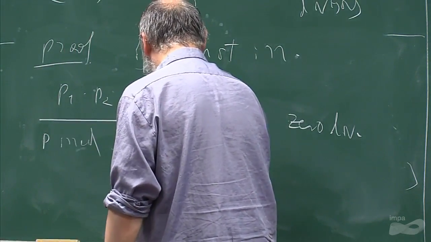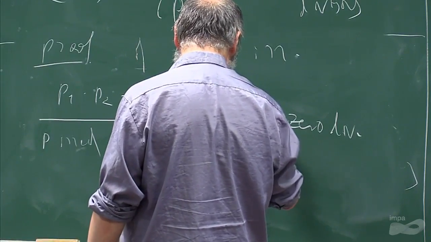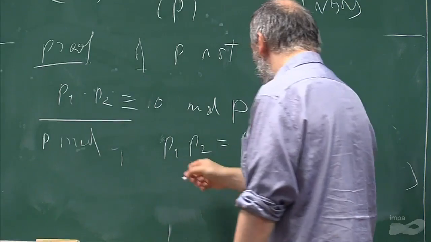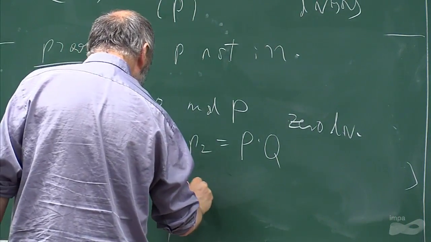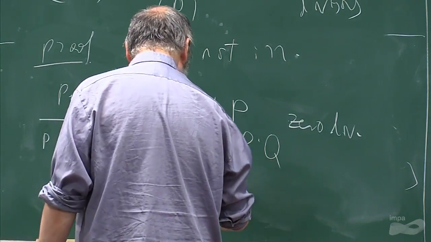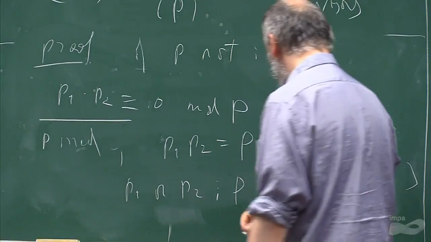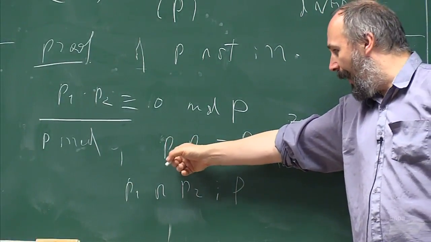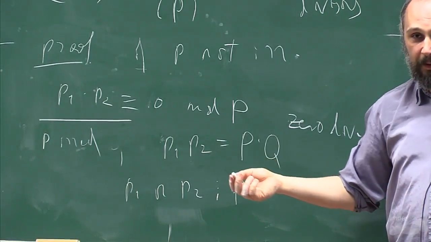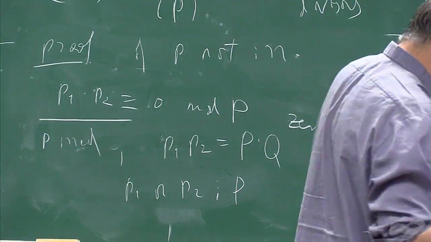And if you have P1 times P2 equal to P times Q, then P1 or P2 is divisible by P. This is because P is prime and it has to enter P1 or P2 in the prime decomposition. So this is where you use factoriality.